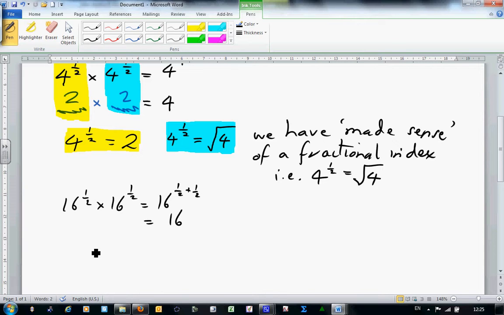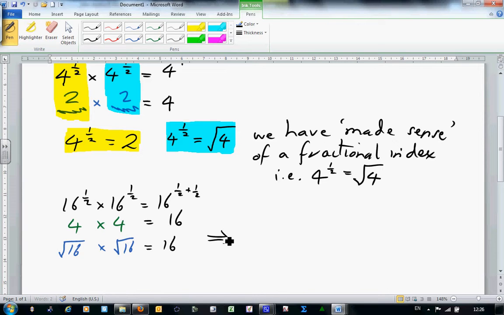So we're looking for two identical things that will give us 16. Well, 4 times 4 is 16. But also, the square root of 16 times the square root of 16 is also 16. So this gives us 16 to the half is equal to the square root of 16.